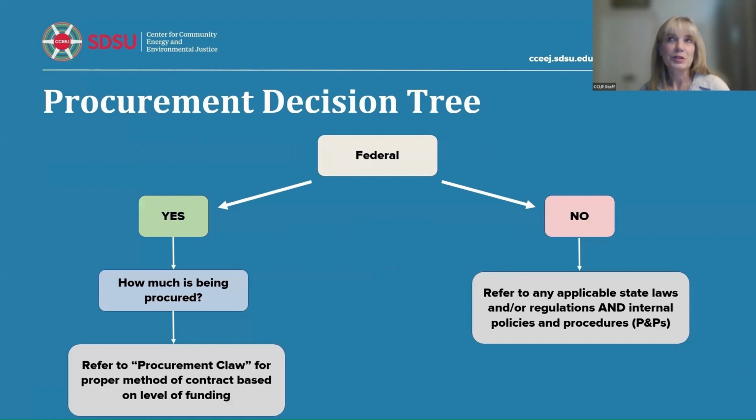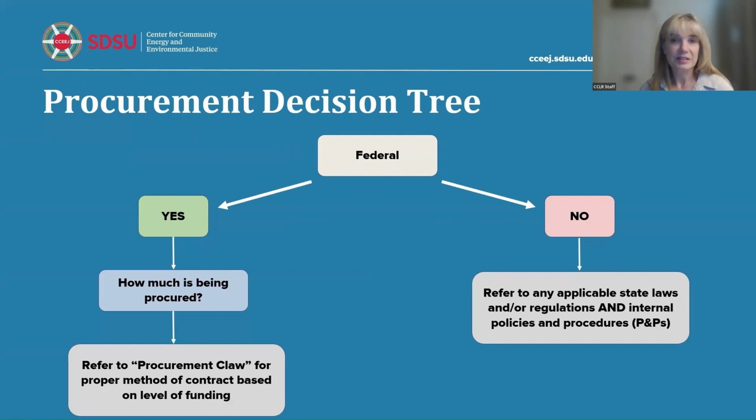So you could think about procurement in general as a decision tree. For the purposes of this module, federal money, right? Federal funds, if you will. You have to ask yourself first, when you have funds, is it federal or is it non-federal?